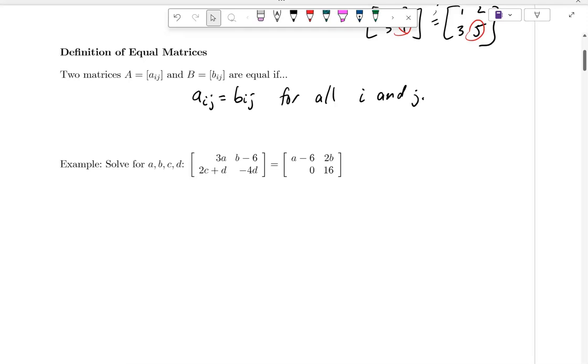It says solve for A, B, C, and D. Well, they're telling you that these two matrices are supposed to be equal to one another, right? If those matrices are supposed to be equal, what needs to be true? All the entries should be the same. So tell me one equation that you would get.